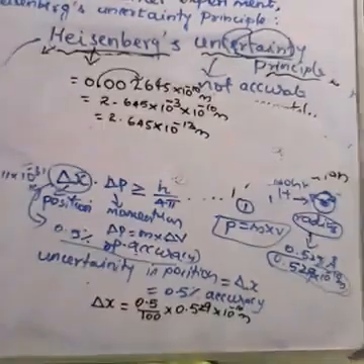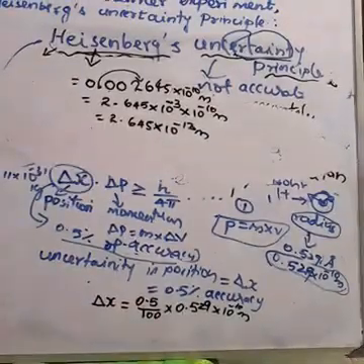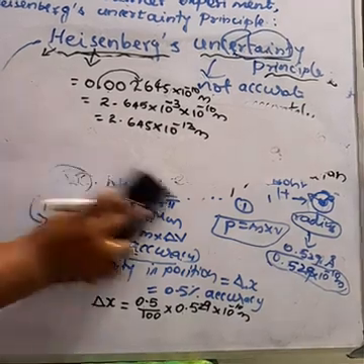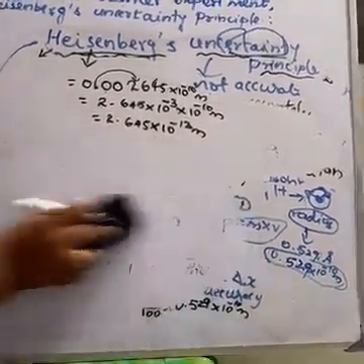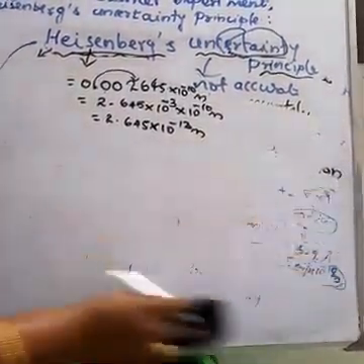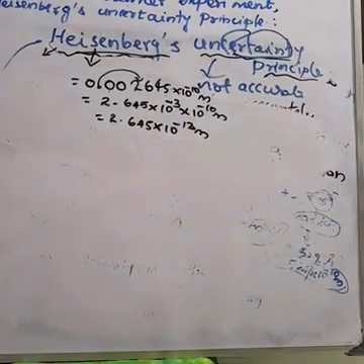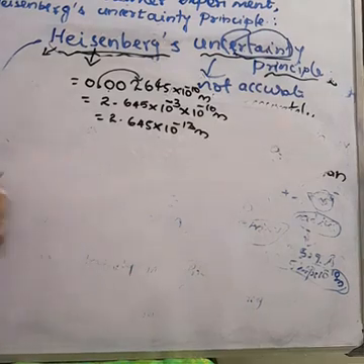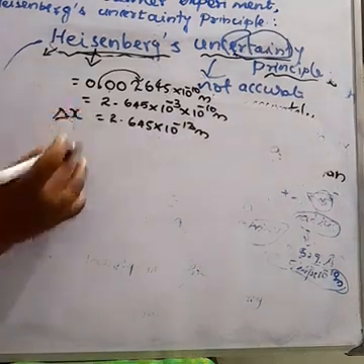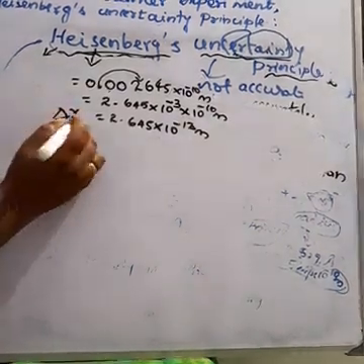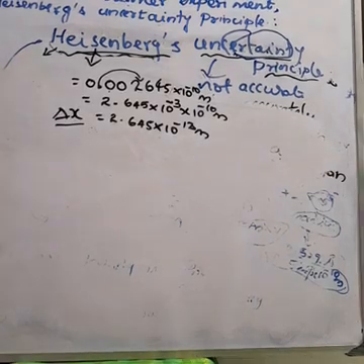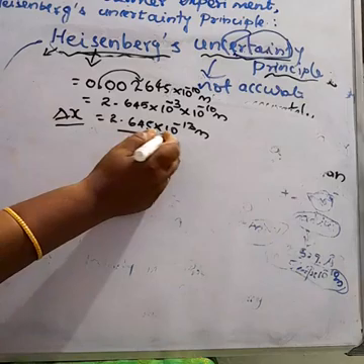So now we determined delta x, the uncertainty in position. Then we have to find out the velocity of the electron. We found the position accurately, that is 0.5% accurately, of the electron in the hydrogen atom.